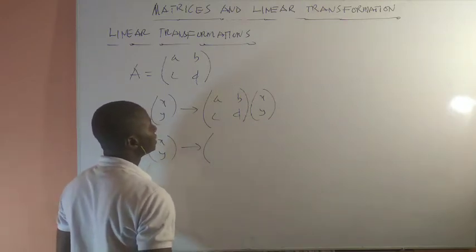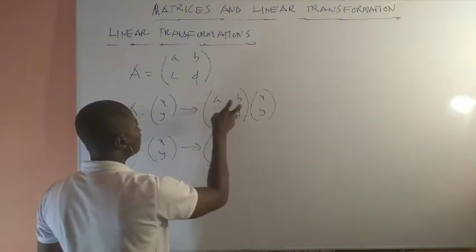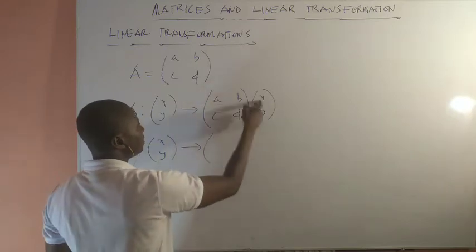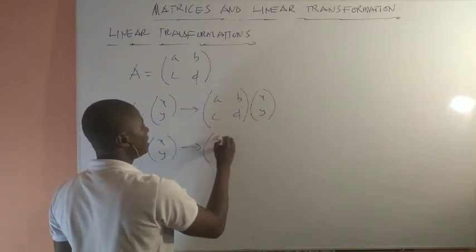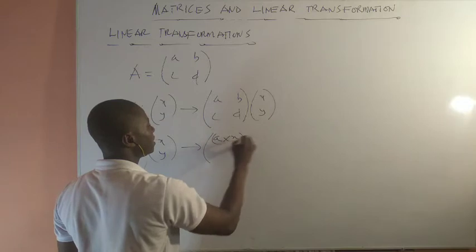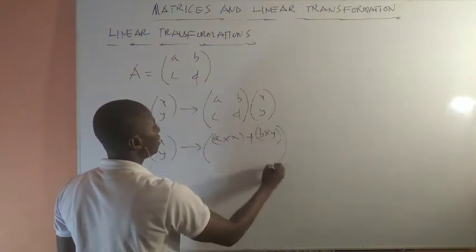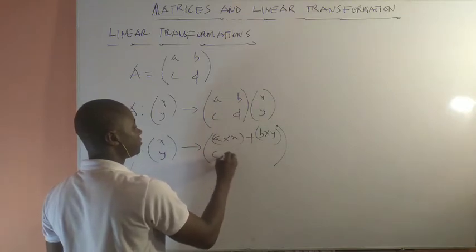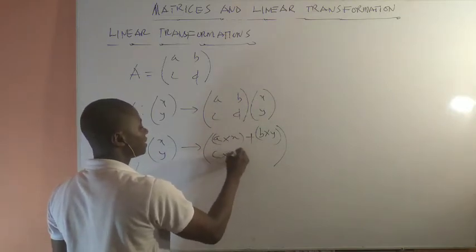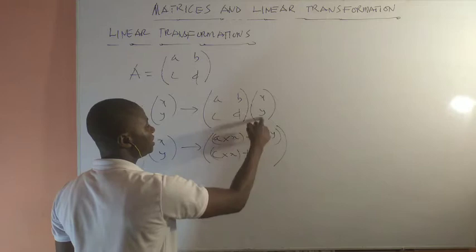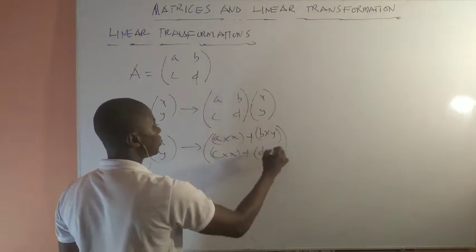You can see that. And so how do we multiply the matrix by a column matrix? We multiply A by x, then we have plus B times y, then we have C times x, then we have D times y.